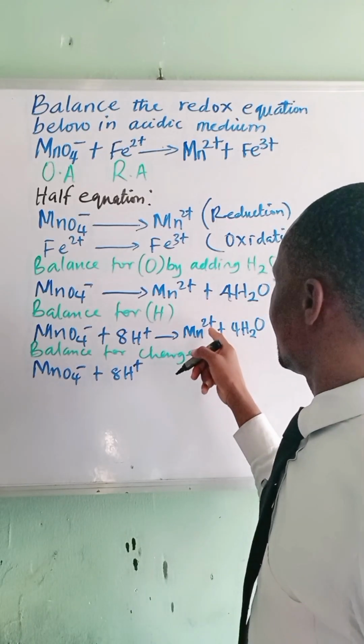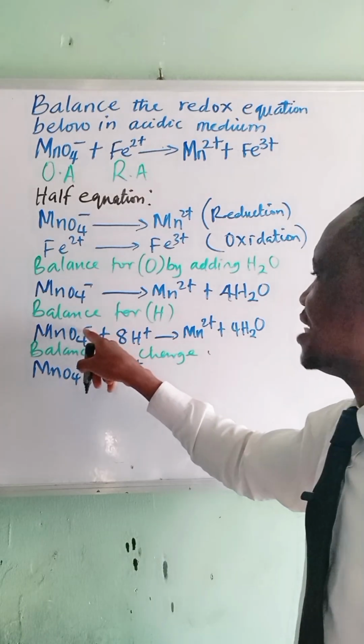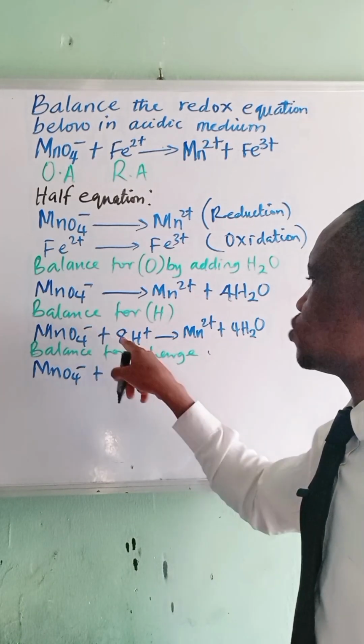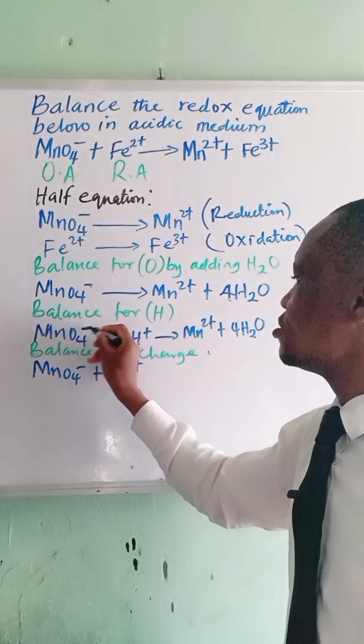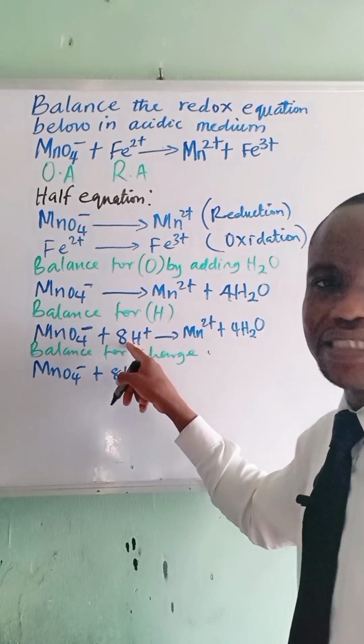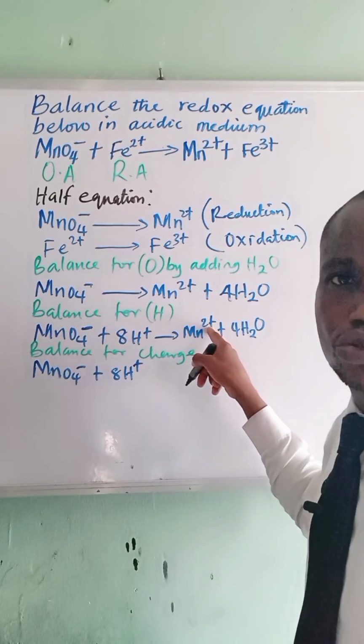What is the charge here? Plus 2. And what is the charge here? This is minus 1 plus 8, that is 7. So 7 minus 2 is 5.